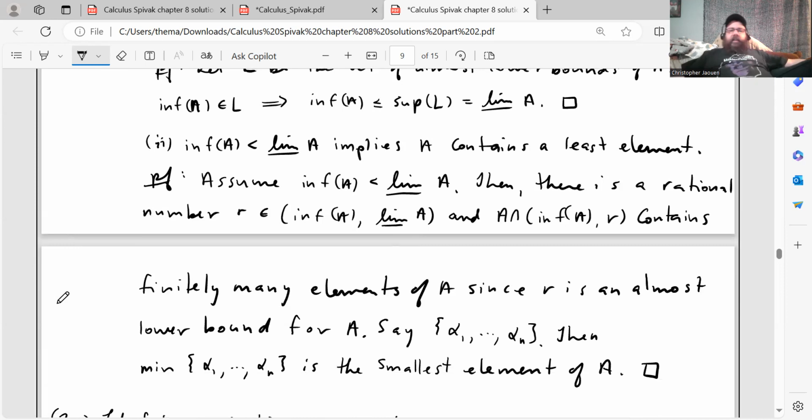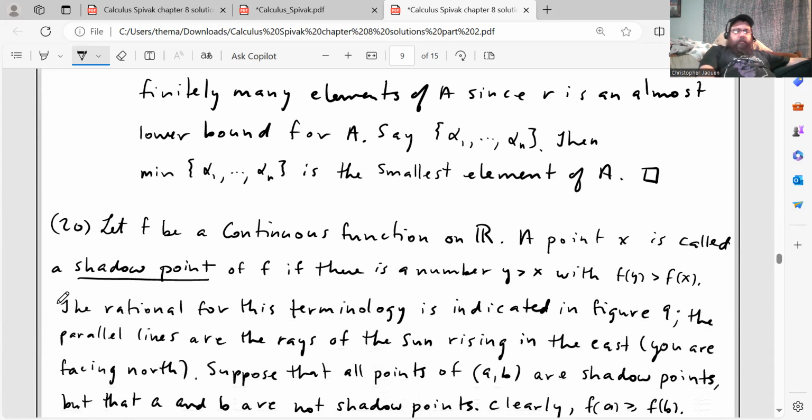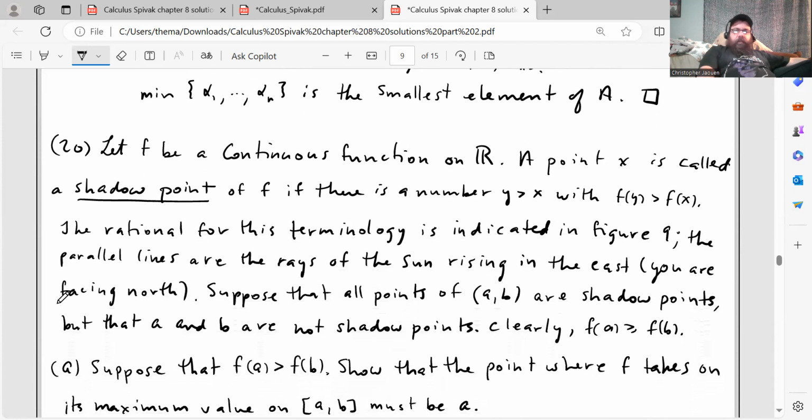Assume inf A is less than lim inf of A, then there's a rational number r in the open interval from inf A to lim inf A, and the intersection of A with the interval from inf A to r contains finitely many elements of A, since r is an almost lower bound for A. Say that those elements are alpha 1 to alpha n, then the minimum of those elements is the smallest element of A, and that shows that A has a minimum element, or a least element.